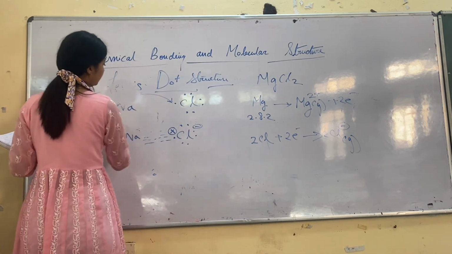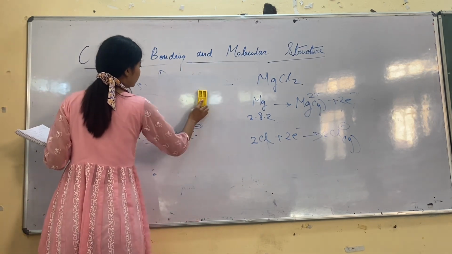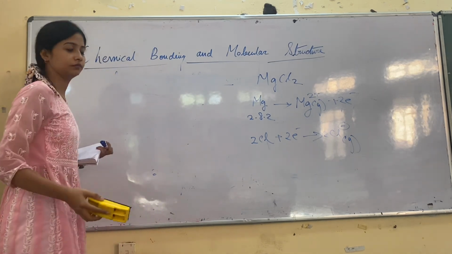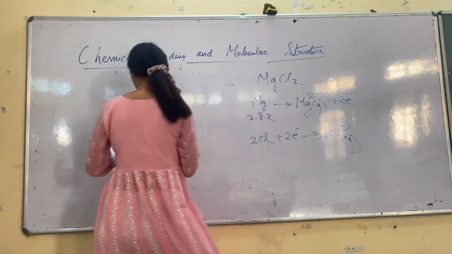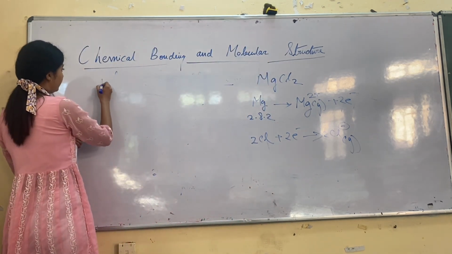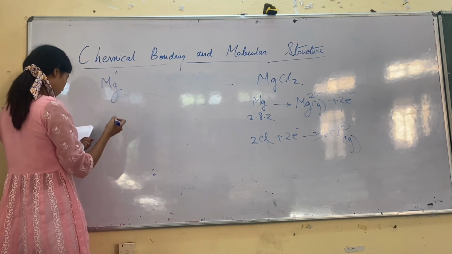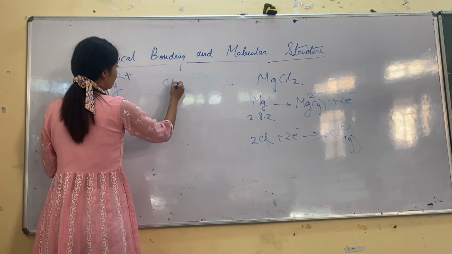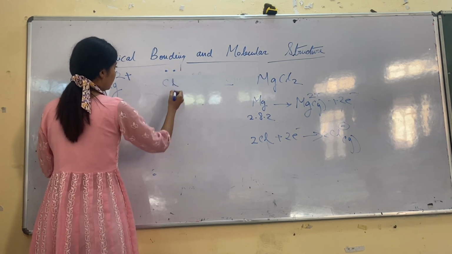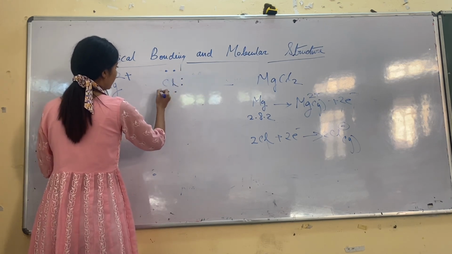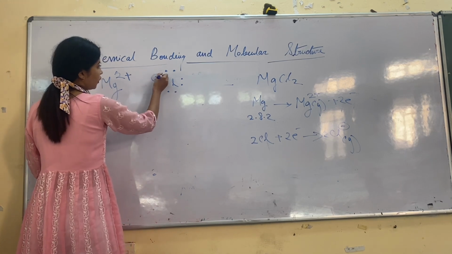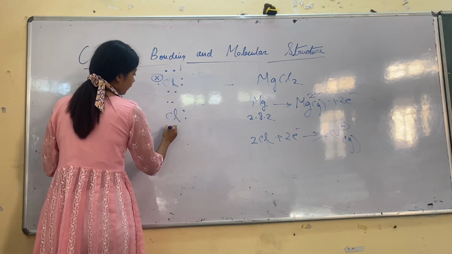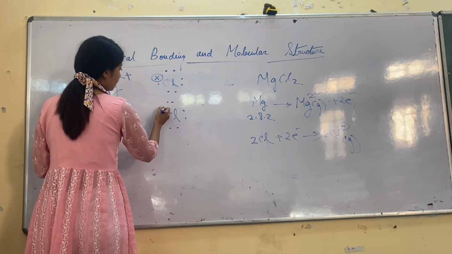I am using this one, as Mg2+. Cl 1, 2, 3, 4, 5, 6, 7 and 1 extra electron from Mg, and the other Cl is 1, 2, 3, 4, 5, 6, 7 and the other extra electron from Mg.